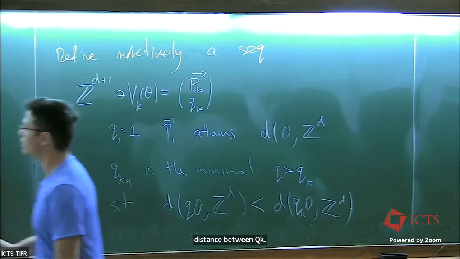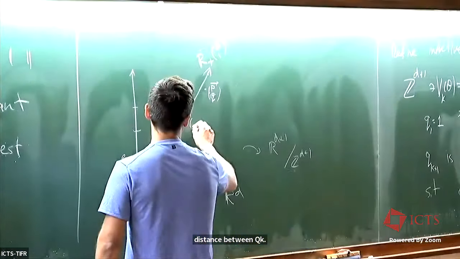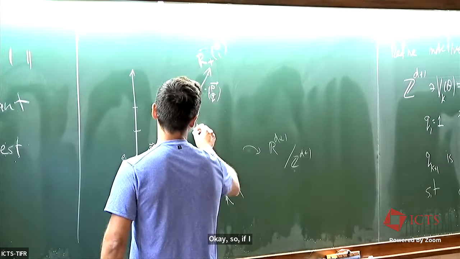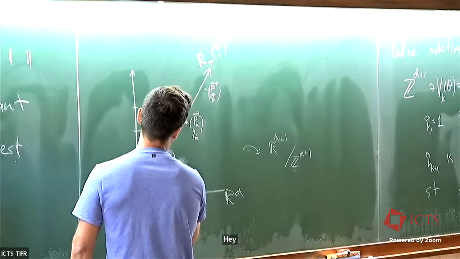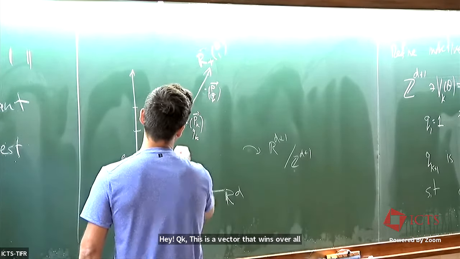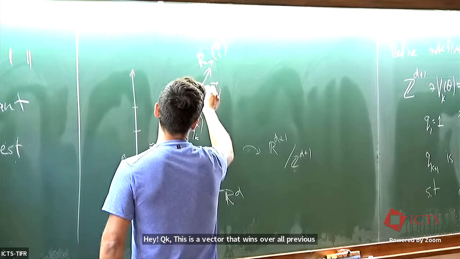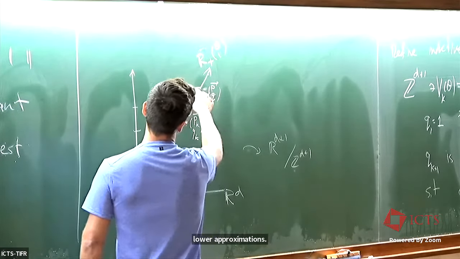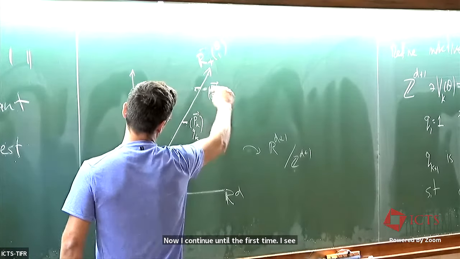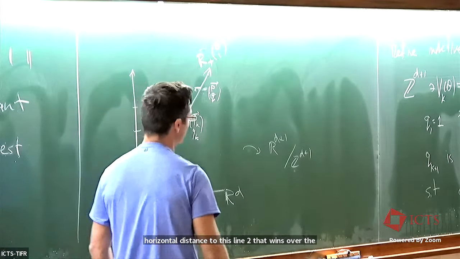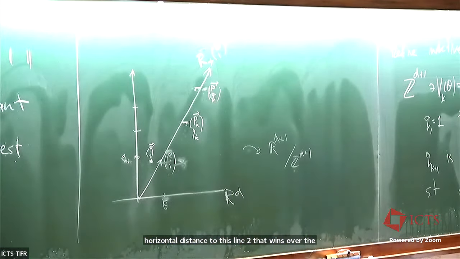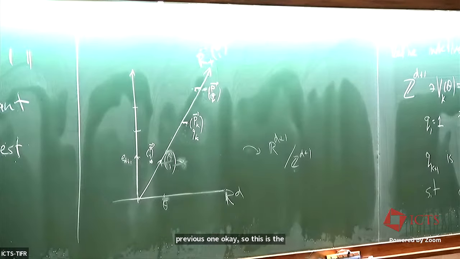So if I found my kth best approximation (P_k, Q_k), this is a vector that wins over all previous approximations. Now I continue until the first time I see something that gives me a lower horizontal distance to this line that wins over the previous one. So this is the sequence of best approximations. For any vector theta, it gives me a sequence of integral vectors in Z^(d+1).